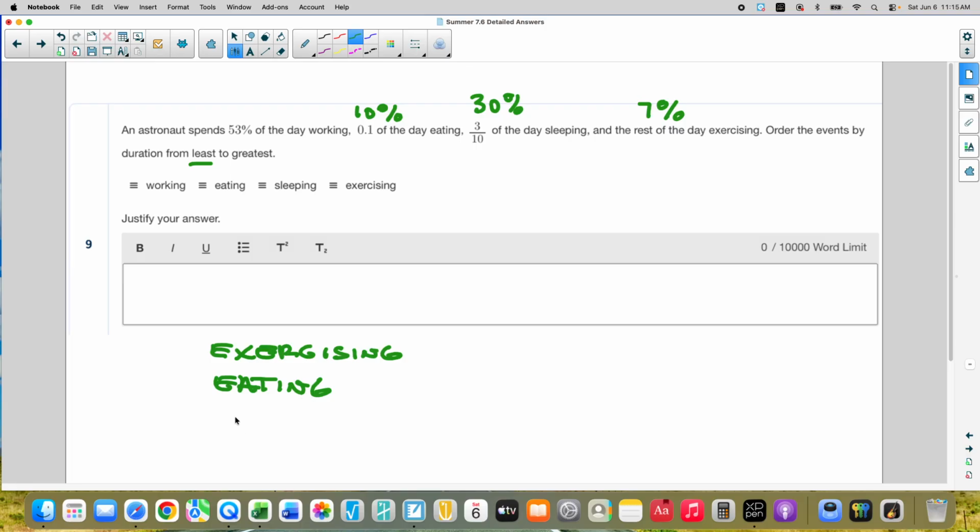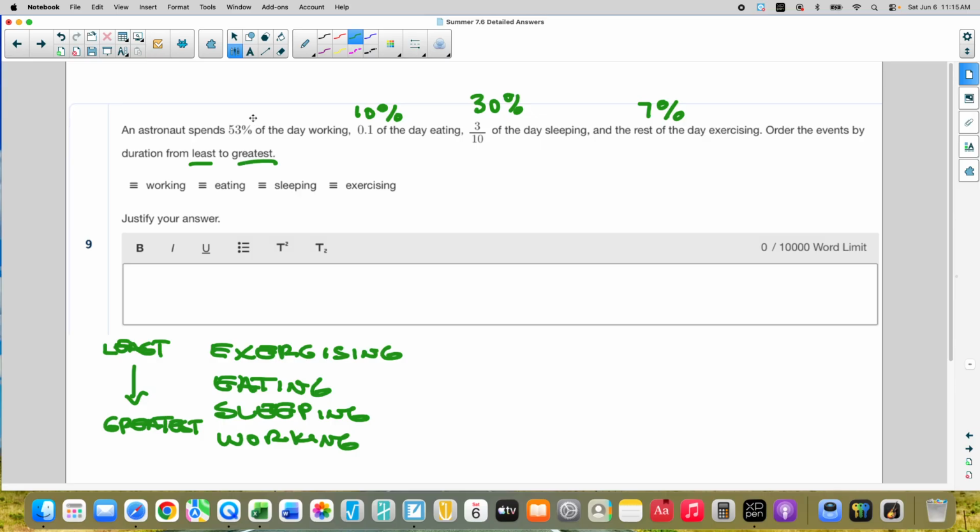The next would be sleeping. And then the last one would be working. Okay, least to greatest. Least to greatest would be exercising, eating, sleeping, working.